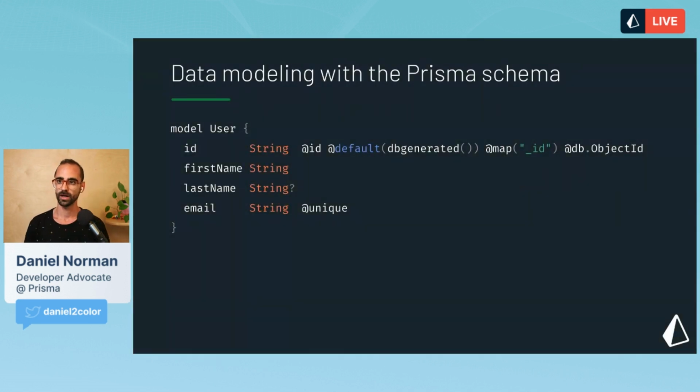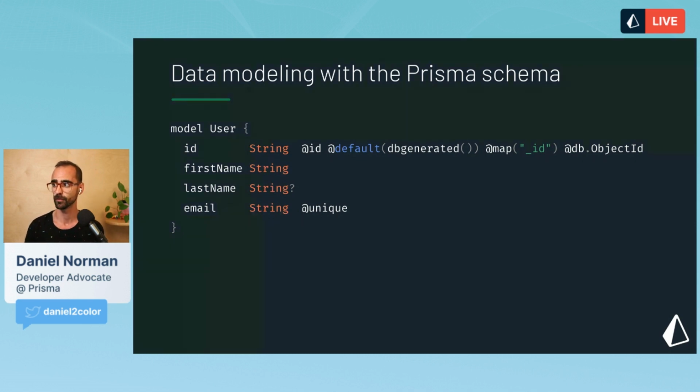Okay, so let's look at data modeling with Prisma Schema. The Prisma Schema enables easy and intuitive data modeling, and it serves as a single source of truth for your application models. With MongoDB, each model maps to a collection, so each Prisma model maps to a MongoDB collection. In this example model, we have this ID field, which maps to the _id, the default ID field in MongoDB.